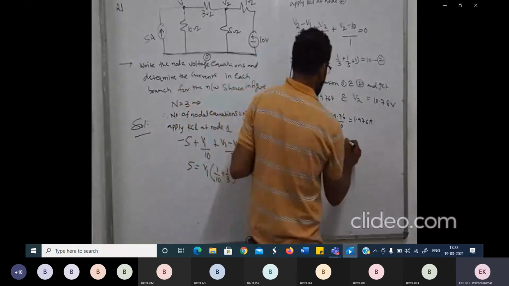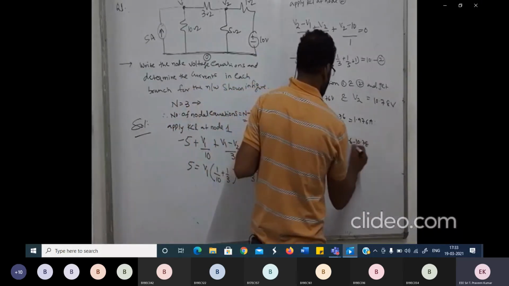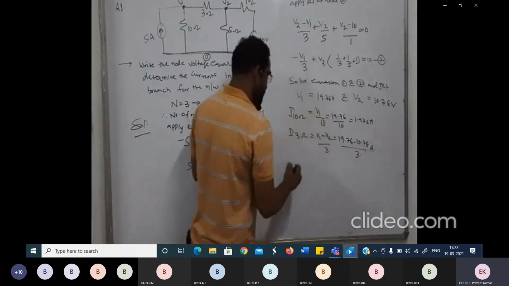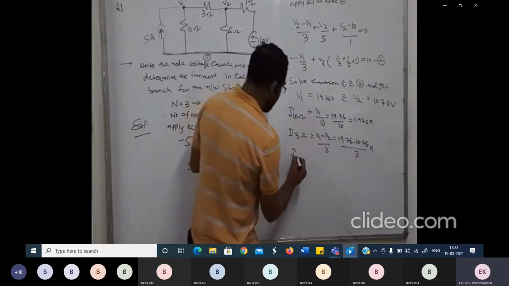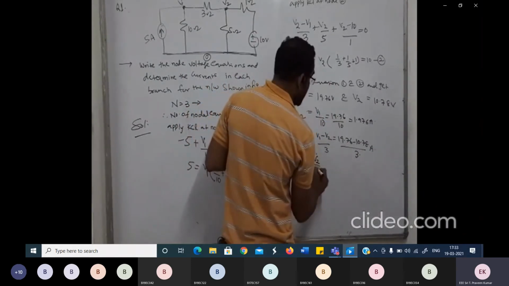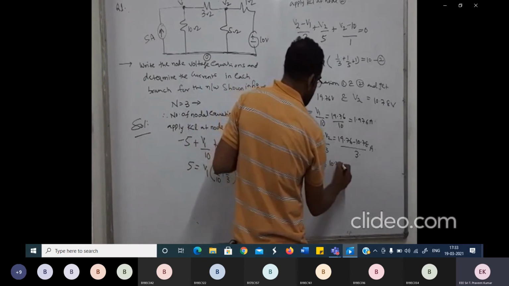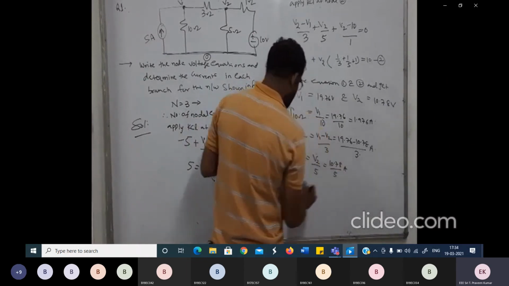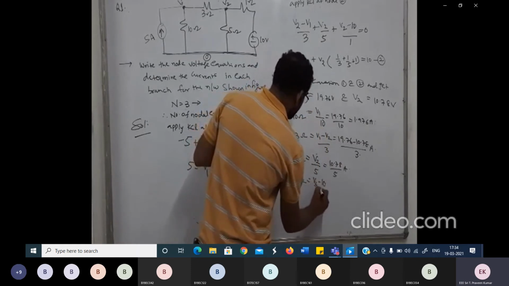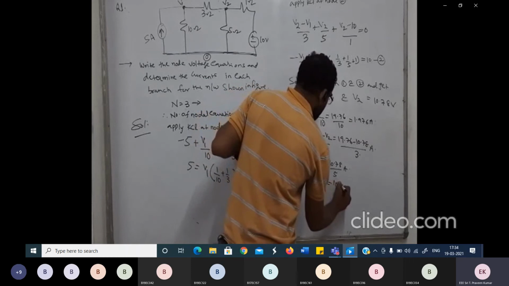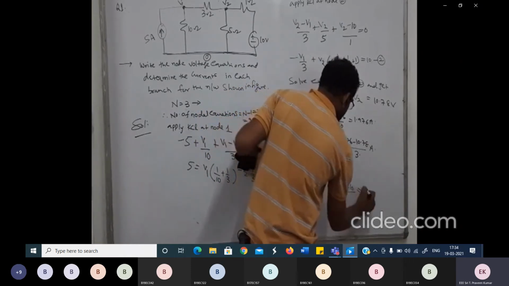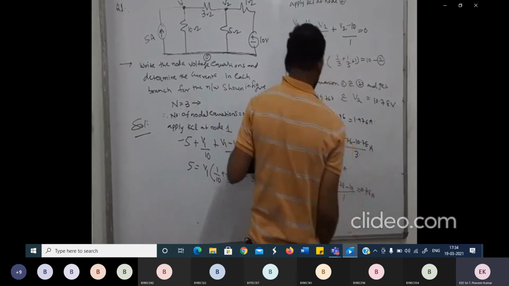So this is going to be (19.76 minus 10.78) divided by 3 amperes. Then the current going to the 5 ohm resistor is V2 divided by 5, which equals 10.78 by 5 ampere. Then I have I1 ohm, which is (V2 minus 10) divided by 1, equal to (10.78 minus 10) divided by 1, which gives 0.78 ampere. All this is in ampere.